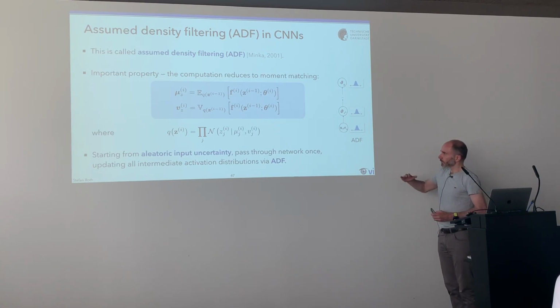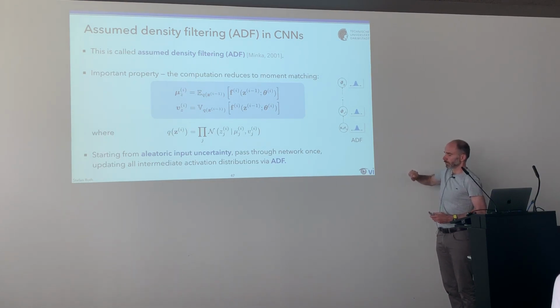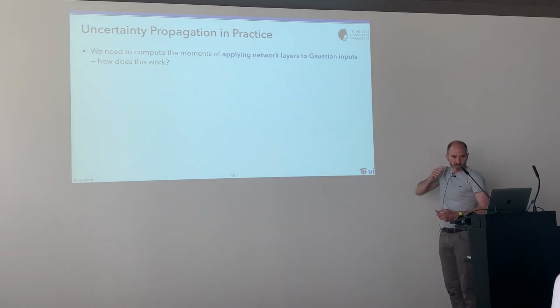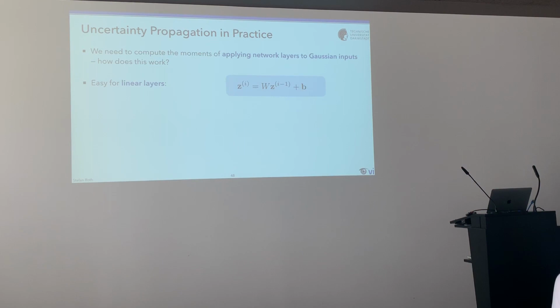So keep in mind, what we assume is that we have an uncertain input, so the distribution over the inputs is Gaussian, and then at every layer we're computing the best Gaussian approximation to what the network does to this input distribution. Okay? So let's see what happens with the typical layers we have in a modern neural network. So the simplest layer we have is a linear layer.